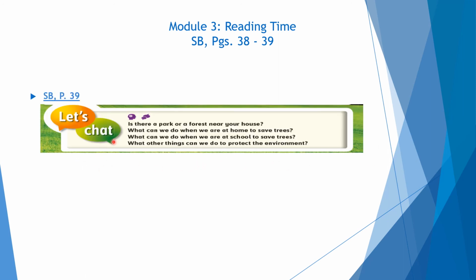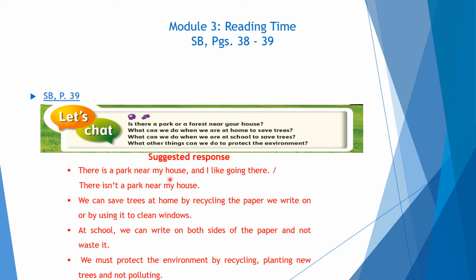Well done. Objective 4. By the end of this lesson, you will be able to talk about the text. Let's chat. Is there a park or a forest near your house? What can we do when we are at home to save the trees? What can we do when we are at school to save the trees? And what other things can we do to protect the environment? Yes, you can say, there is a park near my house and I like going there.